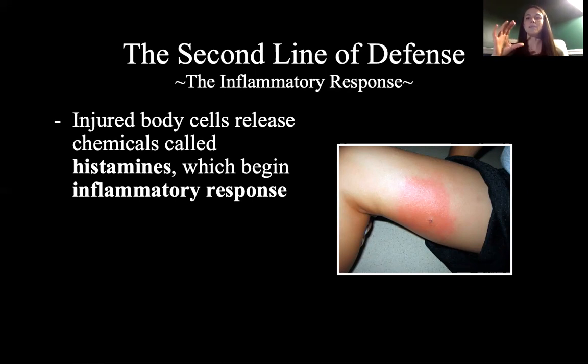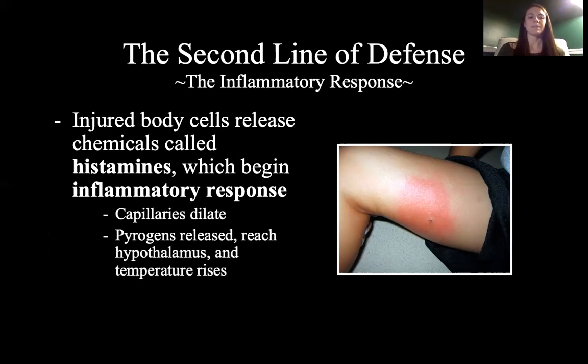It dilates the blood vessels, makes them bigger, and causes blood to rush to the area, which also causes white blood cells to rush to the area. So capillaries dilate, pyrogens are released, which reach the hypothalamus, your temperature increases, so you get a fever. Basically it helps things happen faster in the body.